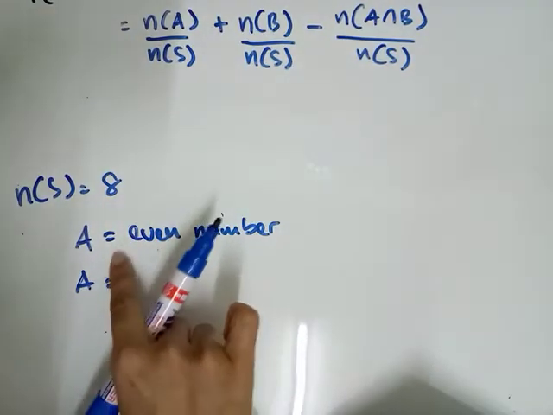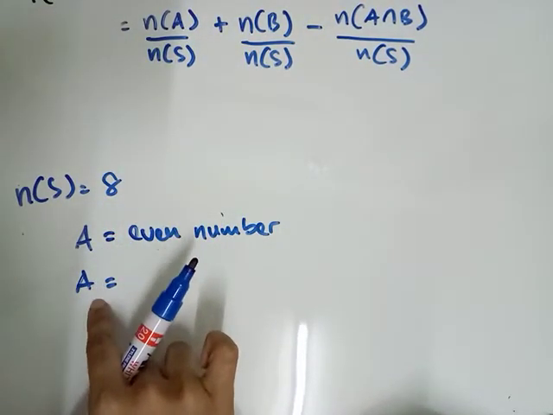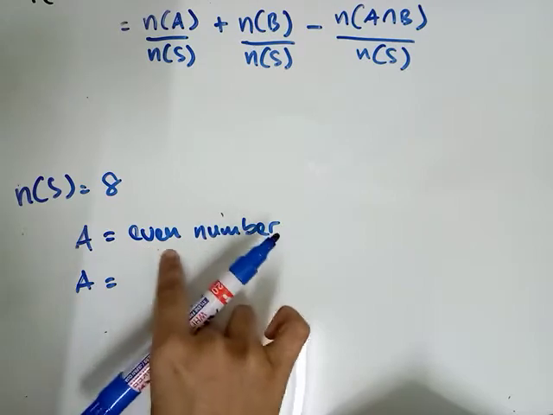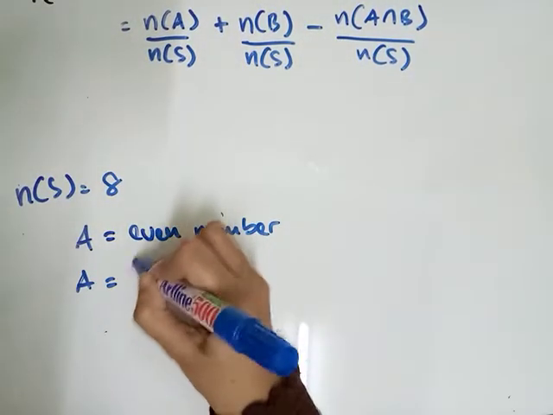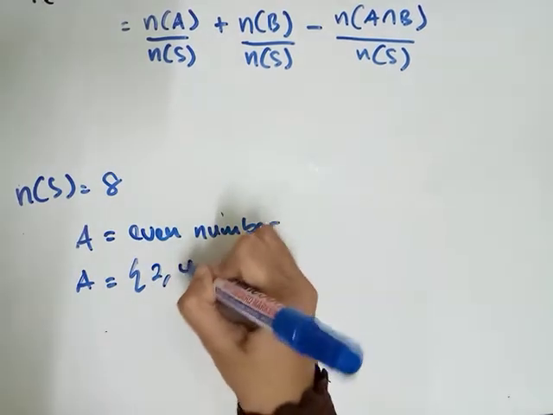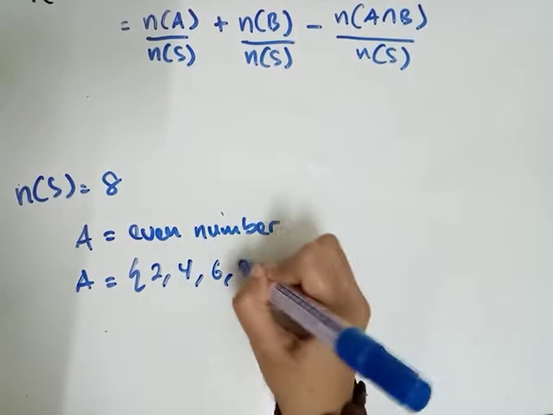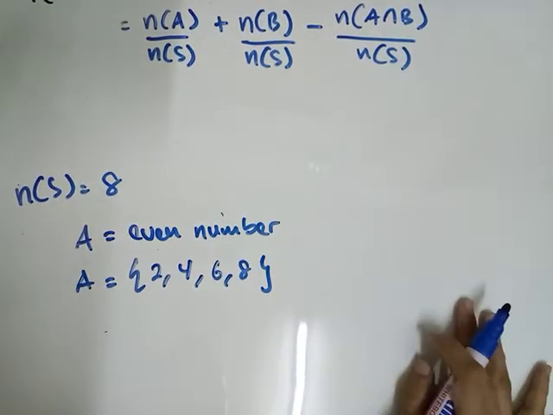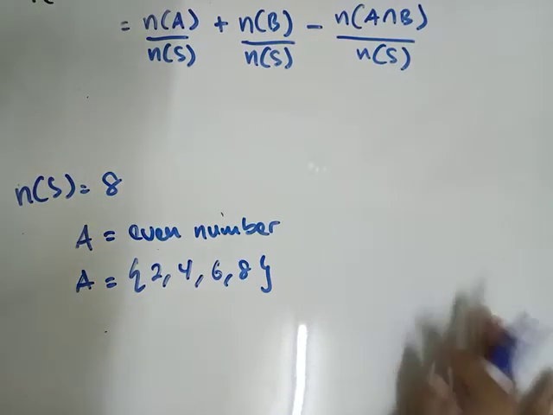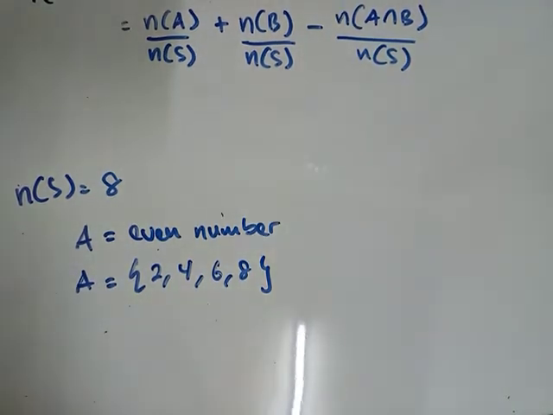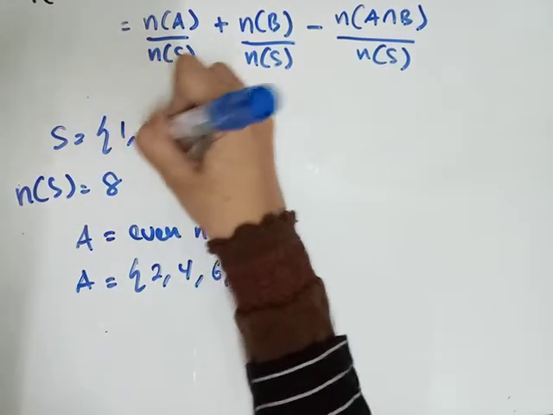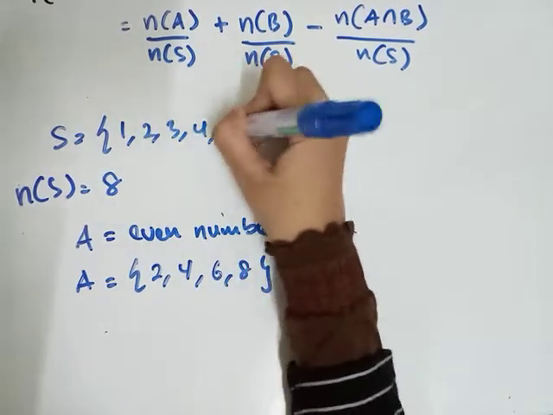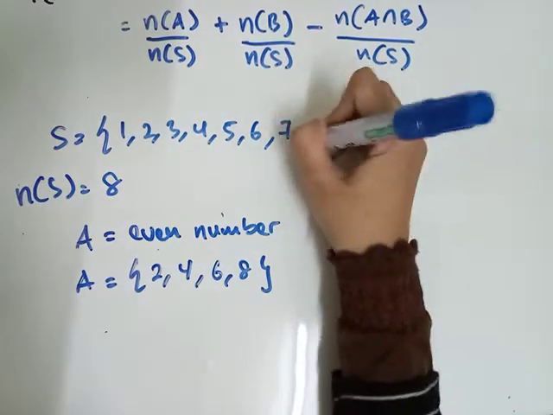And then the element in set A, bila soalan minta even number, the element is 2, 4, 6, 8. Yang ni sample space dia, dalam soalan tu 1, 2, 3, 4, 5, 6, 7, 8.